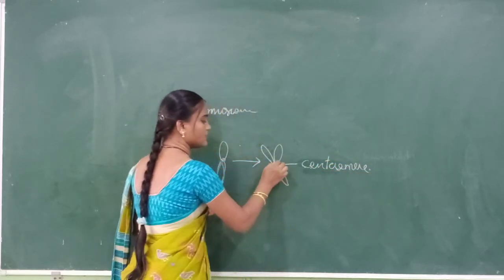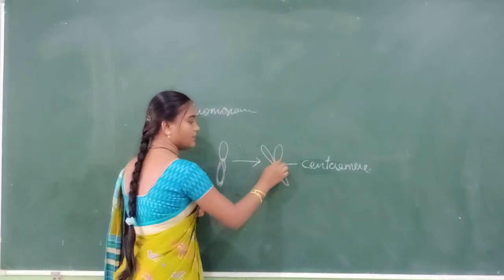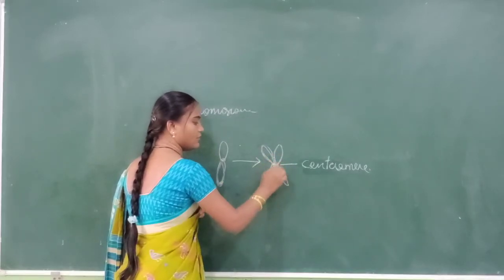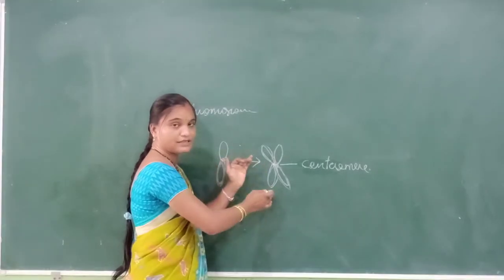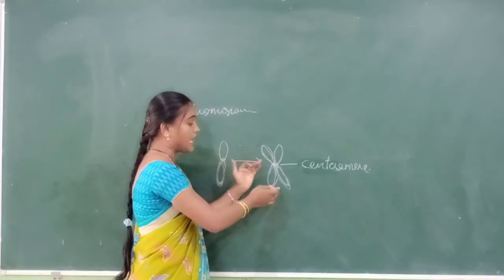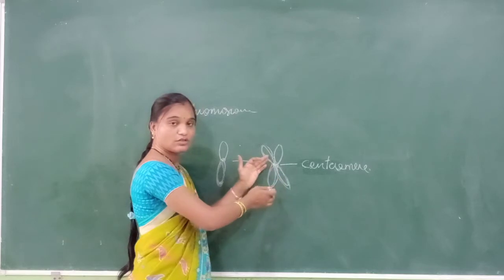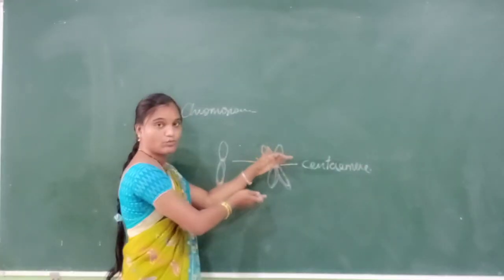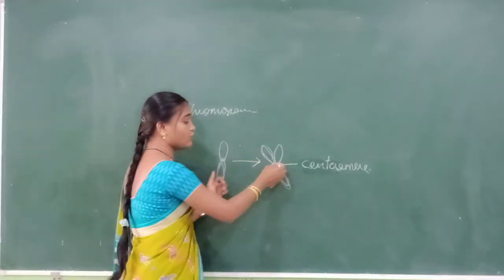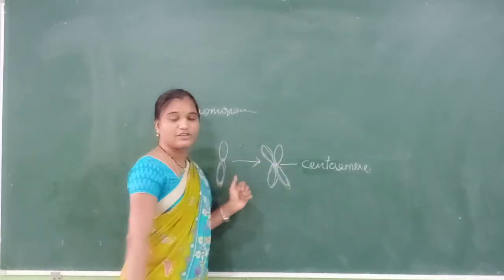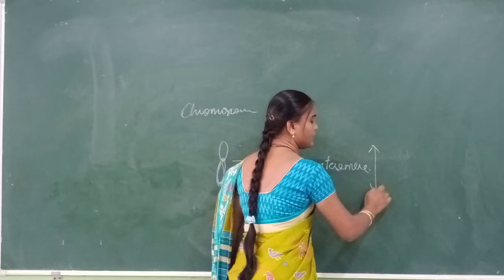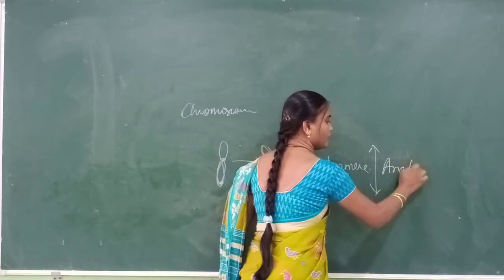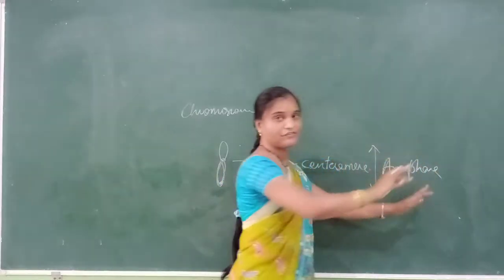So this attachment carries your chromosomes. Here the chromosomes are getting replicated, duplicated, and the pairs of chromosomes are attached at a point, that is the centromere, and they both get further separated in anaphase. Okay, that is a different story.